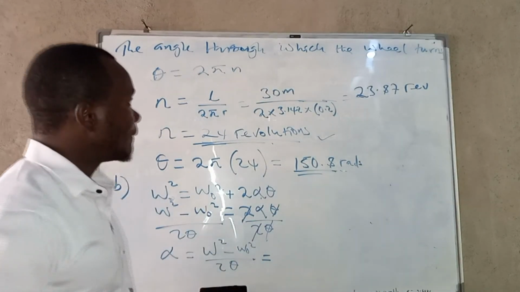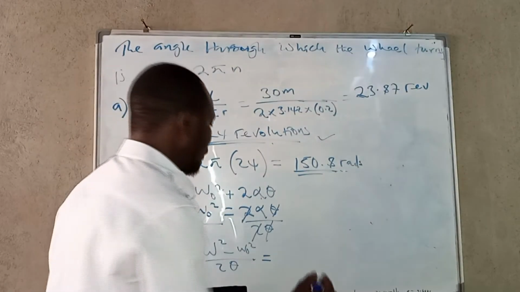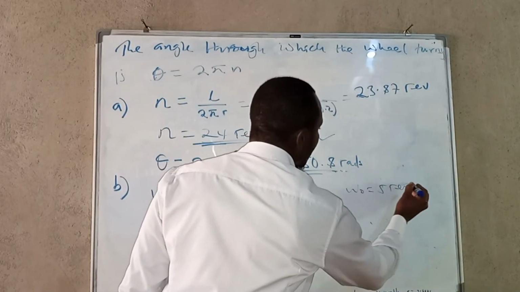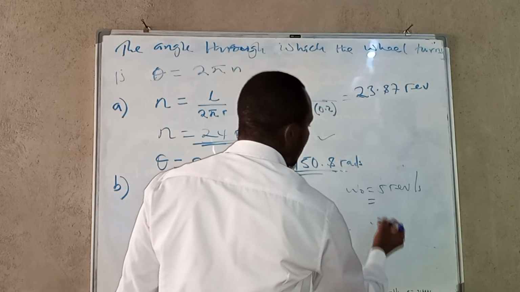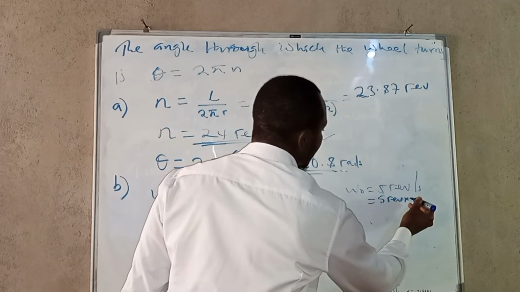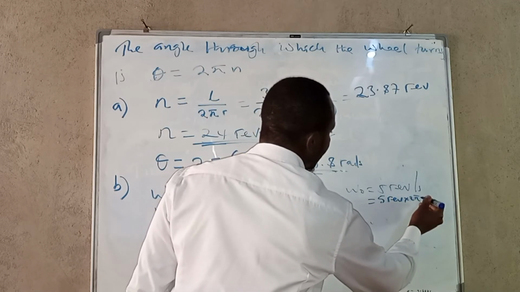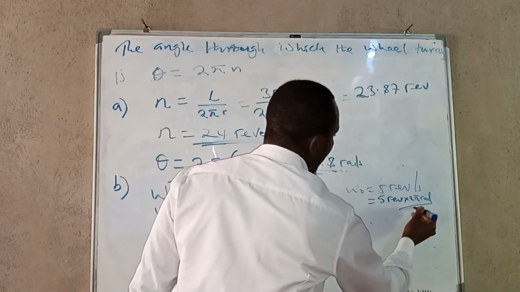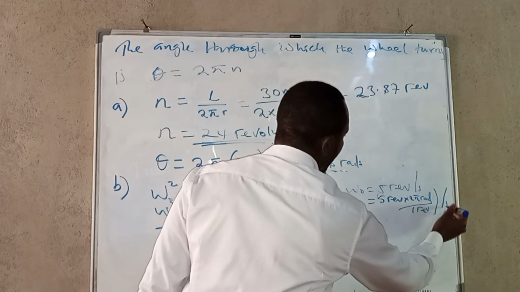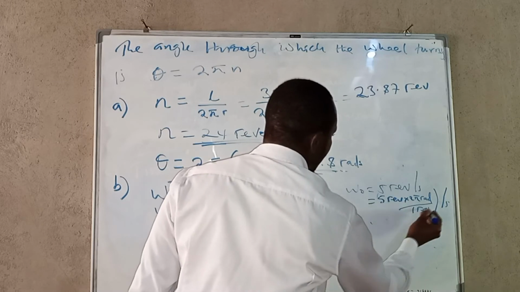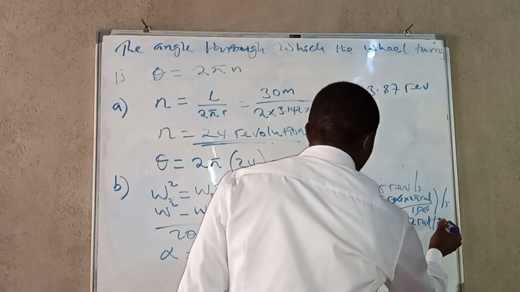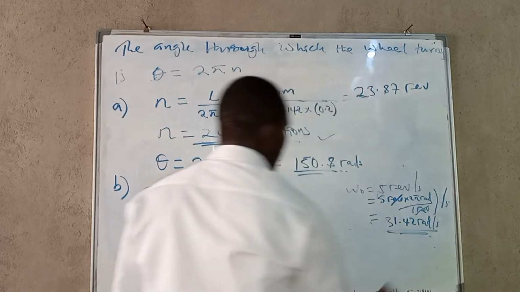Then for the five revolutions, omega initial is equal to 5 revolutions per second, which we multiply by 2 pi rad over 1 revolution per second. What we're going to get is 31.42 radians per second.